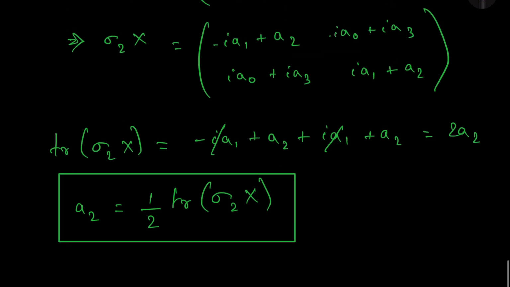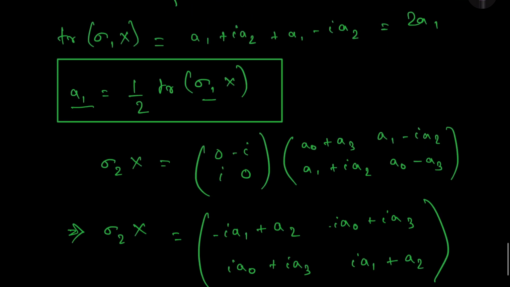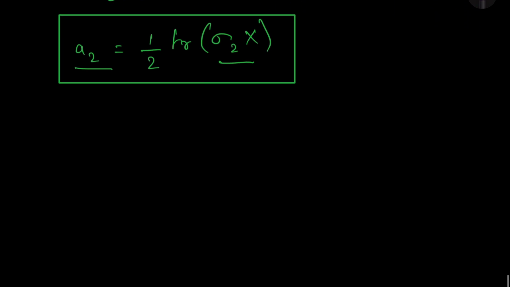So you can see a pattern, right? Whenever there's an a2 here, we get a sigma 2 over here. Similarly, we got an a1 here and a sigma 1 here, multiplied with a half factor. We'll get a similar case for a3, which is half of the trace of sigma 3 X. You can verify this result yourself.